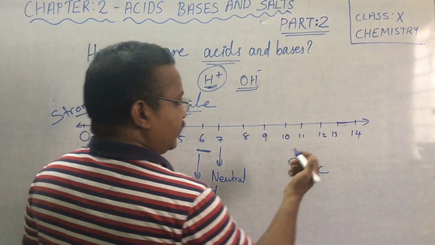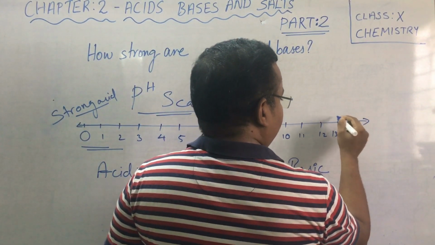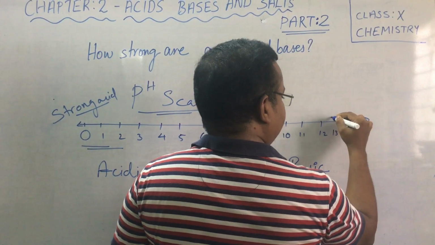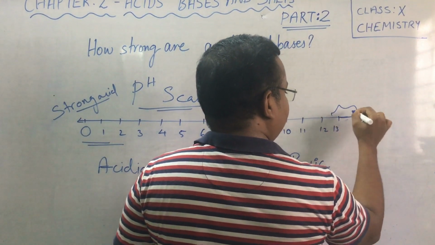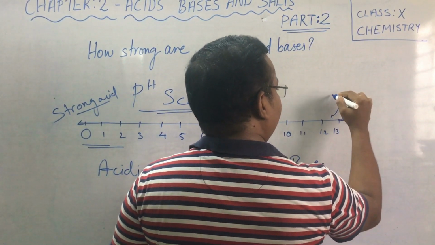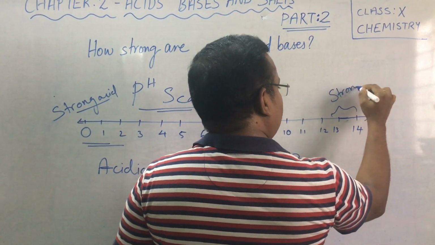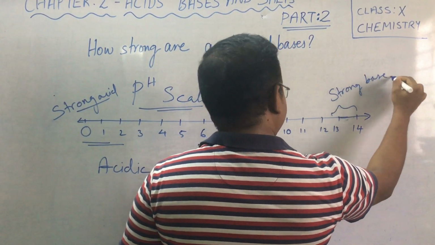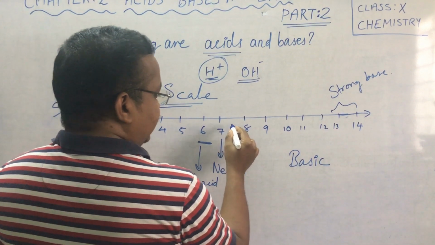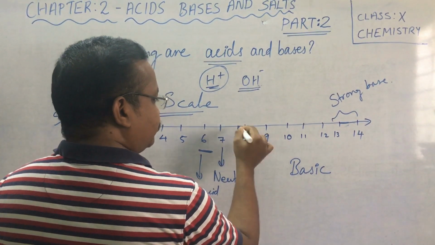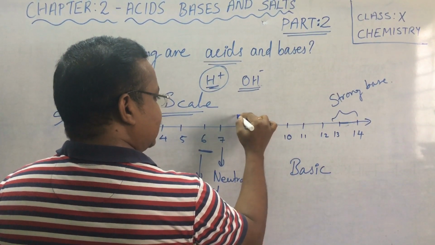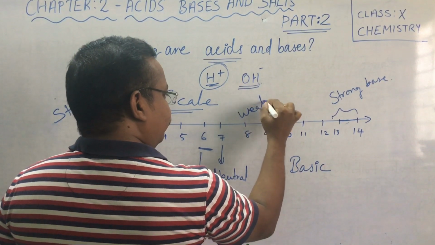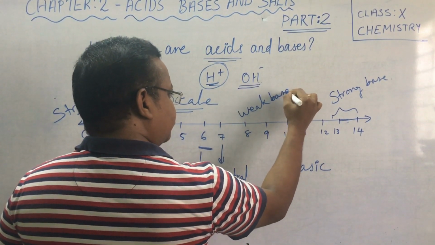In the same way, if the pH value is in the upper range, that is 13, 14 and so on, we can say a strong base is formed. And if it is between 7.5 to 8, or up to 9, we can say they are weak bases.